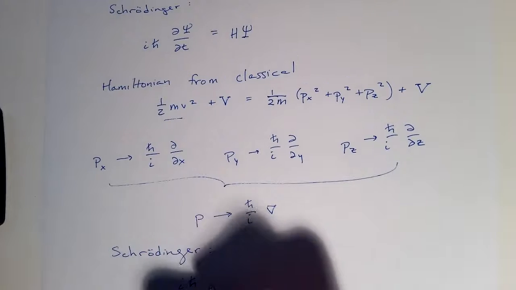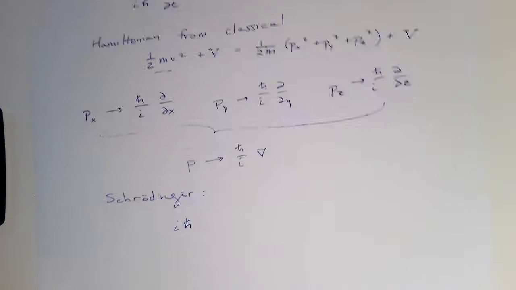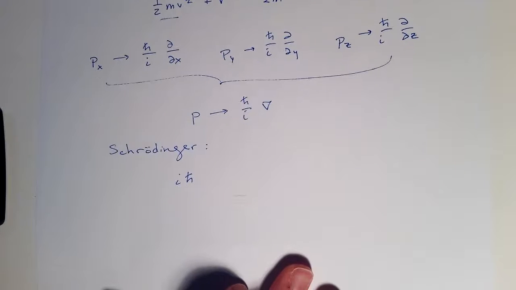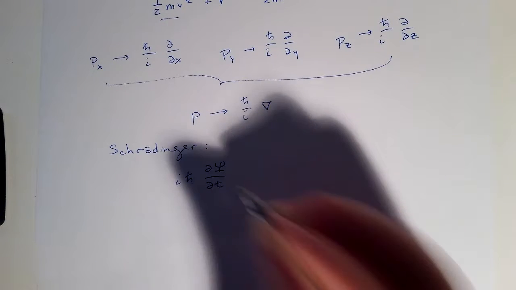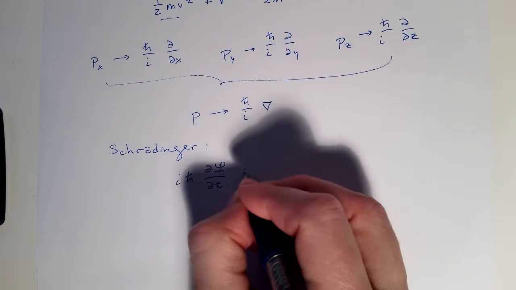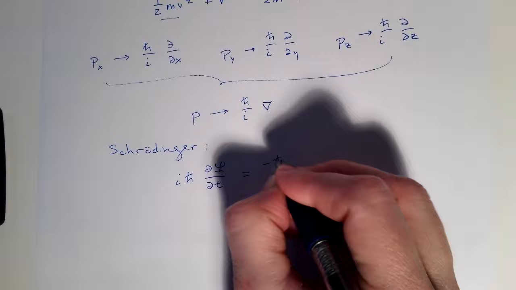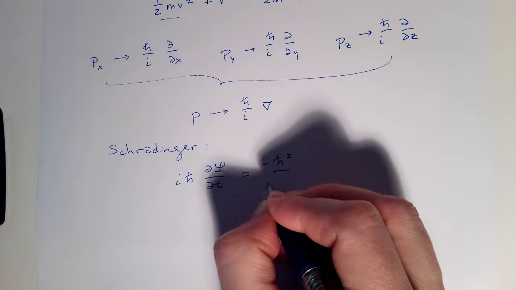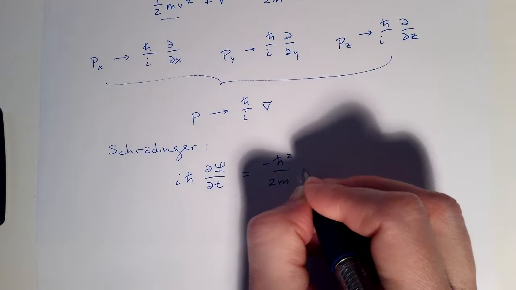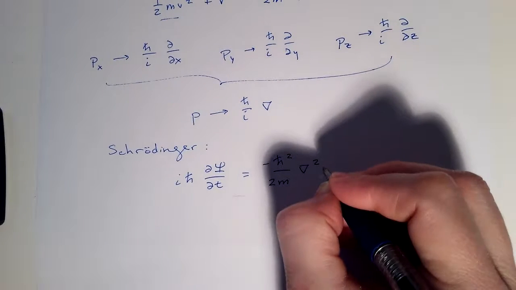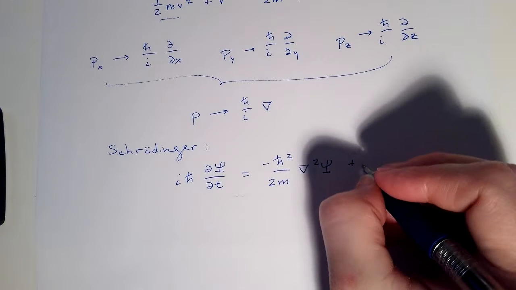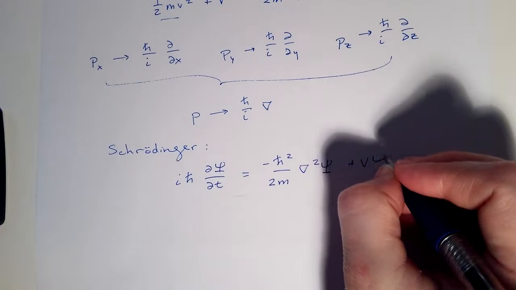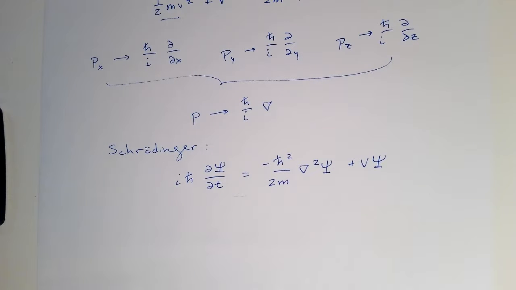So our Schrodinger can be rewritten as i h bar, our partial derivative with respect to time of our wave function, and then h bar squared over 2m del squared, momentum, right? So we can write it in terms of our del operator.